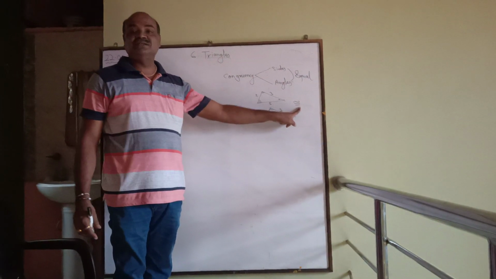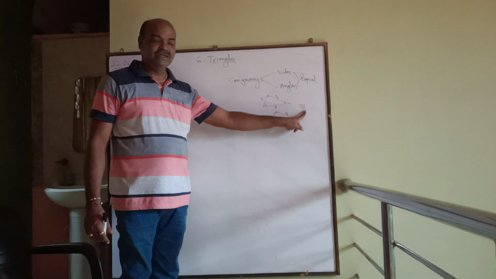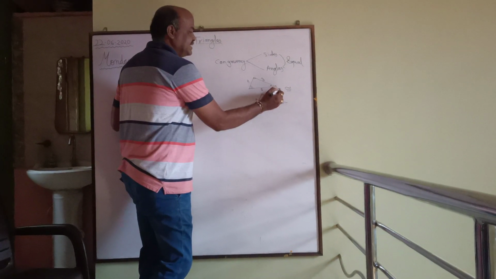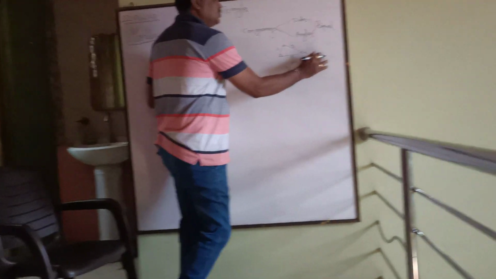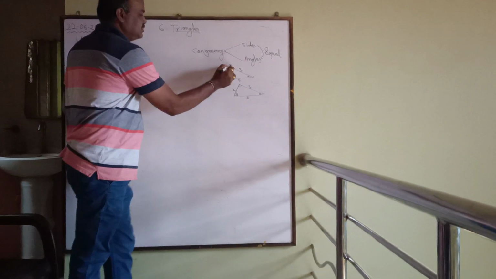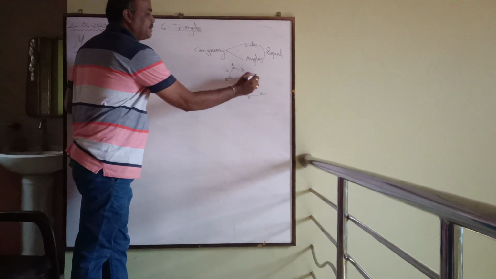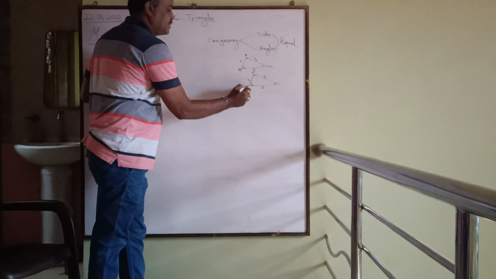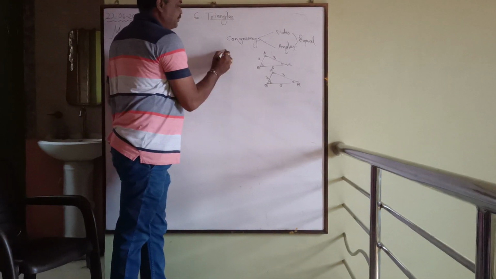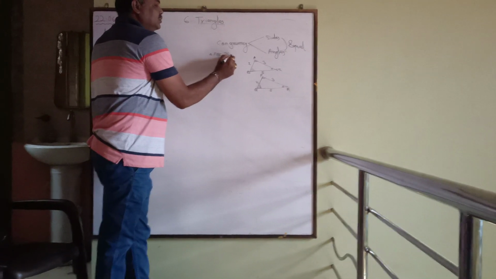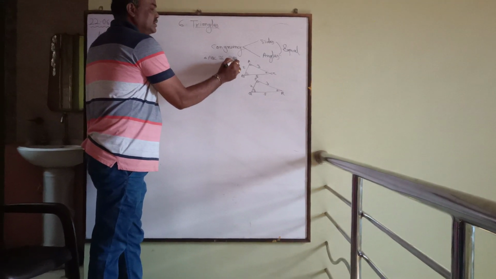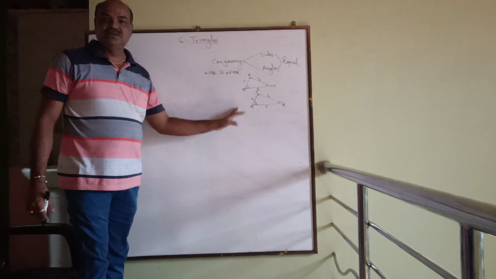Isn't it? It is the symbol of congruency, right? So, in this case, triangle ABC is congruent to triangle PQR. Right, students?